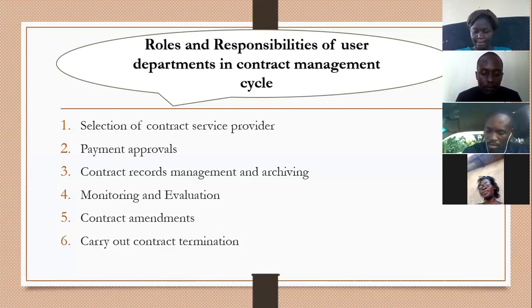Moving on to point number 4, that is monitoring and evaluation. All projects must be monitored and evaluated so that the user department members can really have value for the money they are putting in. This kind of monitoring and evaluation can be done in different ways.